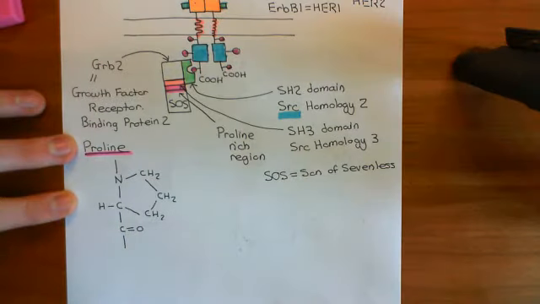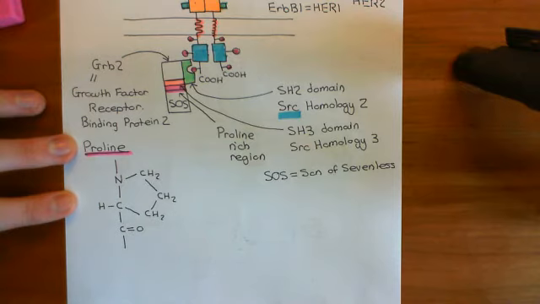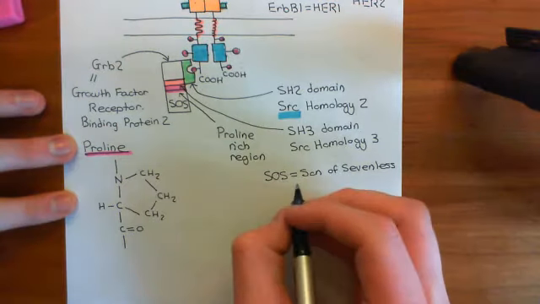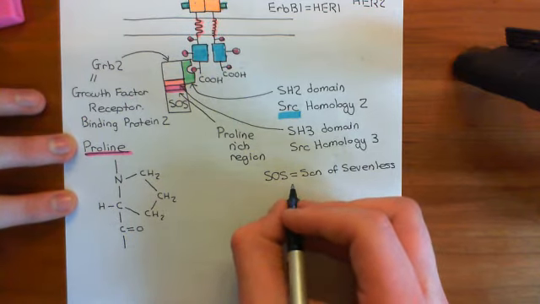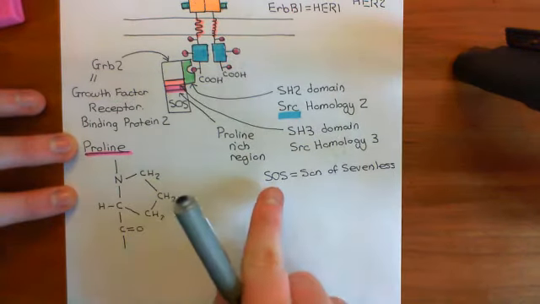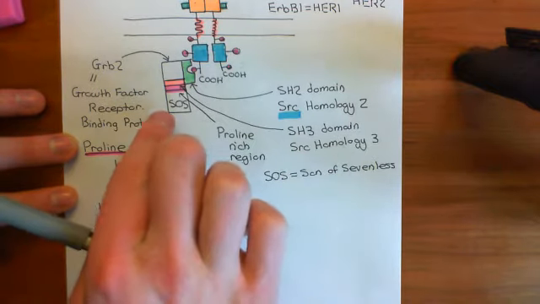Developmental biologists tend to come up with ridiculous names for things, and this looks like one of their names. SOS is basically a guanine nucleotide exchange factor for RAS monomeric G proteins. So before we discuss SOS, let's discuss RAS monomeric G proteins and then we'll come back to SOS.